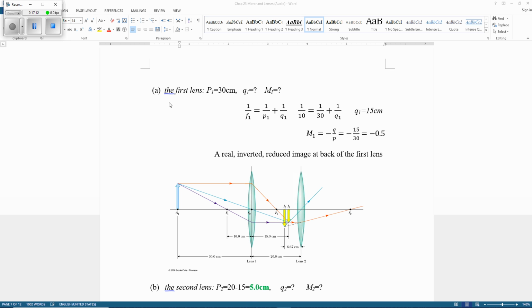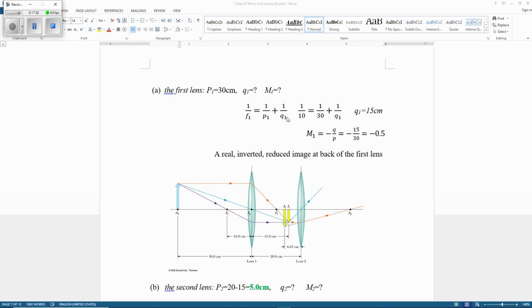So now, we work on the first lens. P1 equals 30 centimeters, and we want to find Q1 and M1. I'll use the lens equation: 1 over F1 equals 1 over P1 plus 1 over Q1.